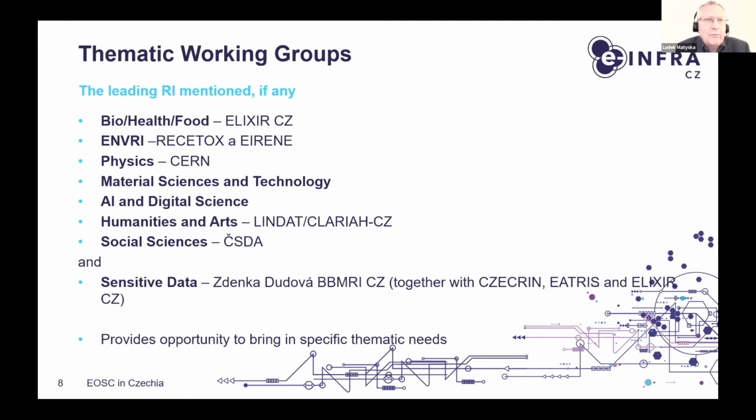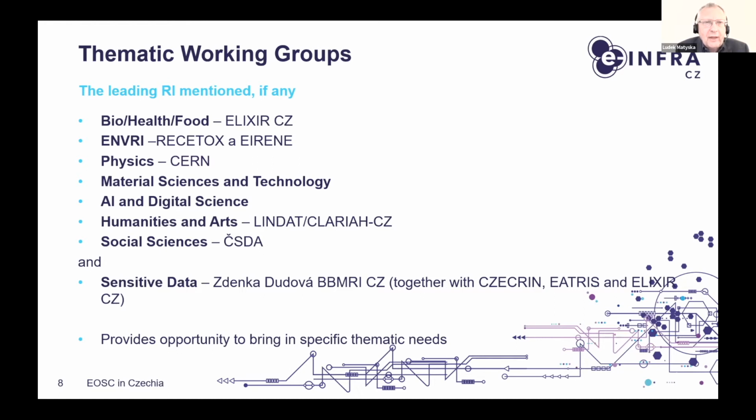As you see from this list, we are trying to cover really all the scientific domains, leaving no one out, allowing them to participate in the definition of these services and also in the next steps when the funding comes into play, to be actively involved and financially supported to contribute to the EOS.